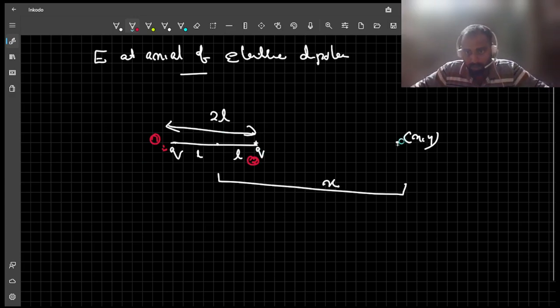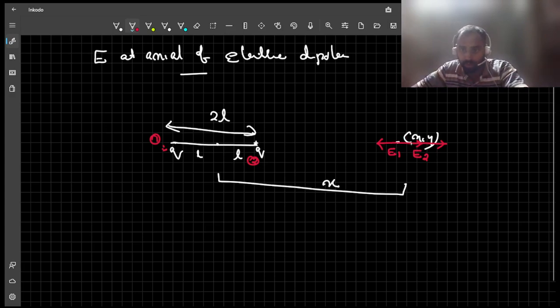When I look at this point, I am putting a test charge here. The electric field due to the second charge, E2, is acting away from the point. And due to the first charge, the electric field is acting in this direction.